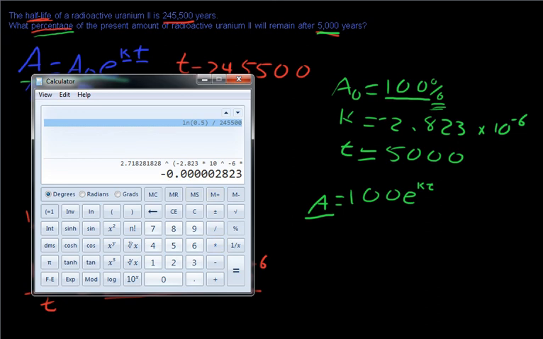That's just this k value, so we've only done k. Now times 5,000, because we want to get the time in there. Alright, go ahead and close our parentheses.